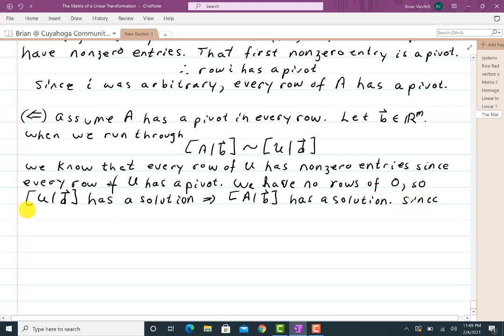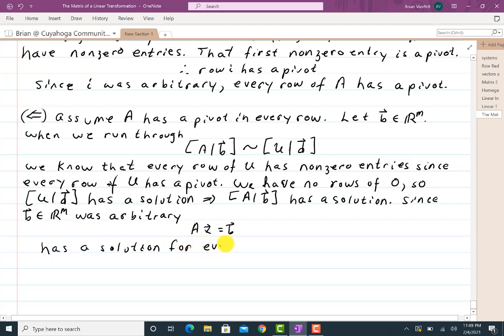Since B in Rm was arbitrary, AX equals B has a solution for every B in Rm.